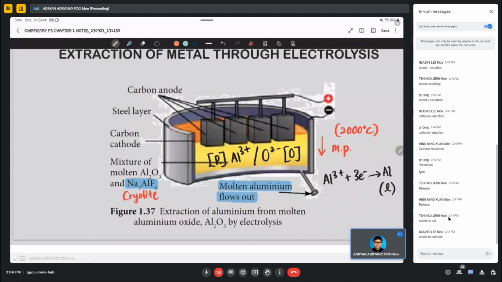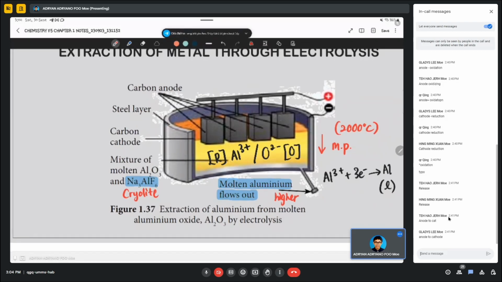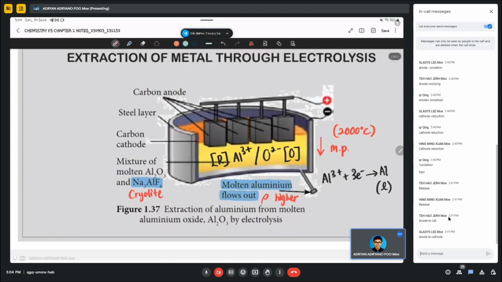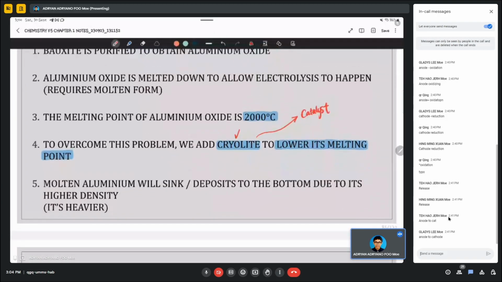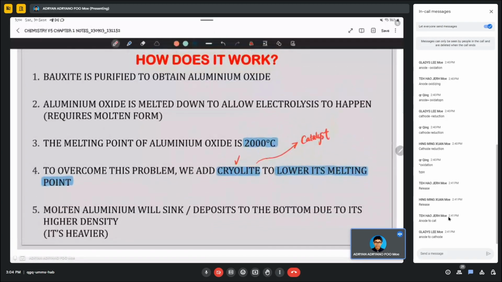Alright, density higher. That is the symbol for density. So you see here, molten aluminium will sink to the bottom due to its higher density. It is heavier, so it will sink. Okay, so that's it.